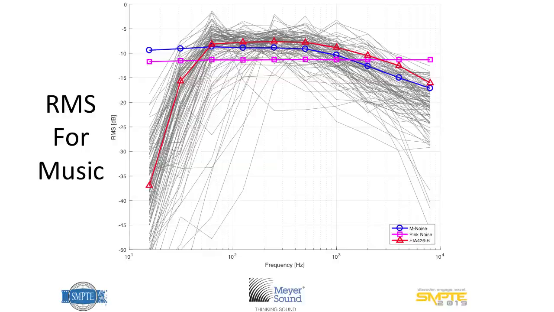So what I'm showing now is an analysis of a very large number of songs. I'm not going to list every one of them. I'm going to tell you some categories here.